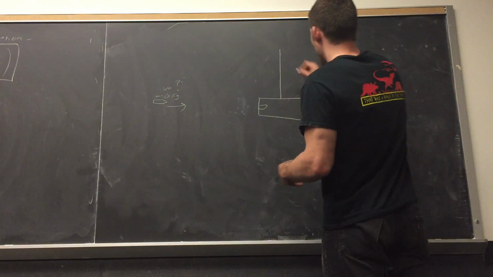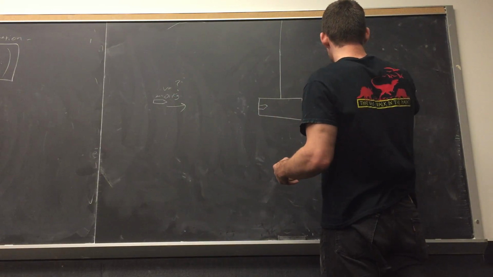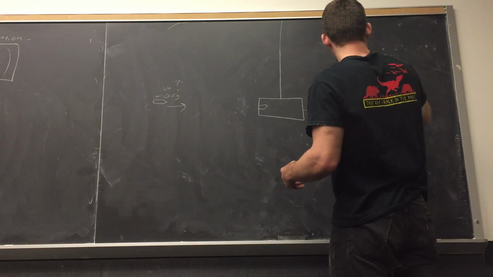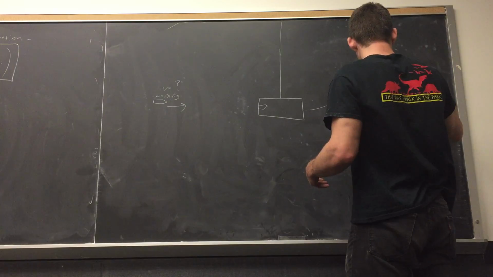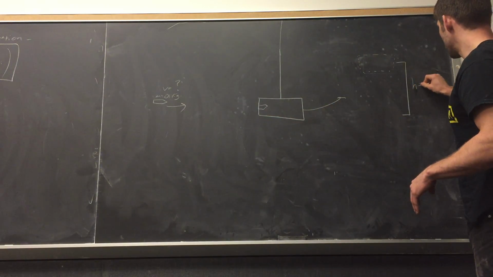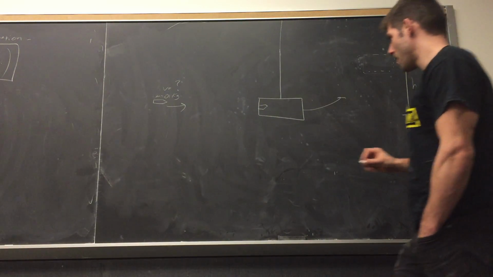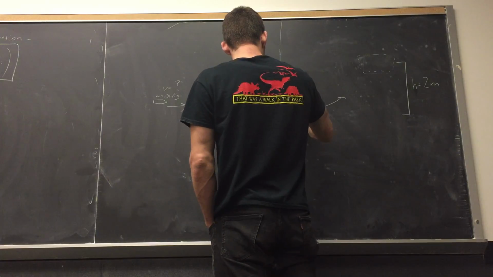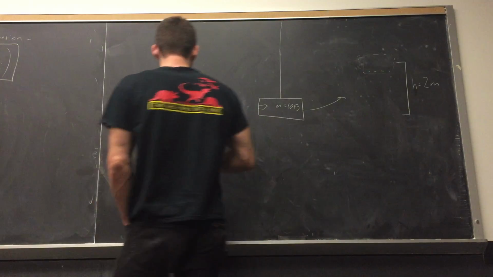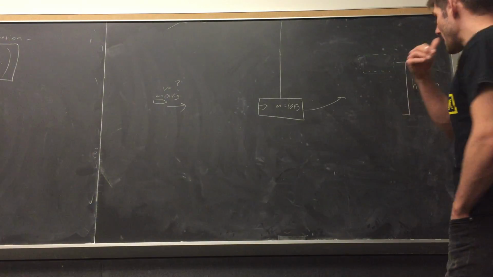Now the block is tied to a string, and the block is going to go flying upwards, all the way up here to a maximum height of 2 meters. And the block weighs 10 kilograms, the bullet weighs 0.01 kilograms, and that's everything.